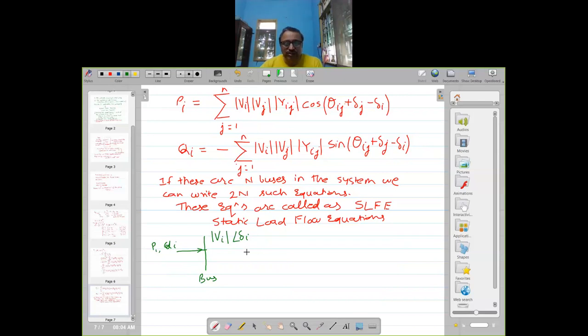So with each bus we have 4 quantities: Pi, Qi, modulus of Vi and angle delta i.